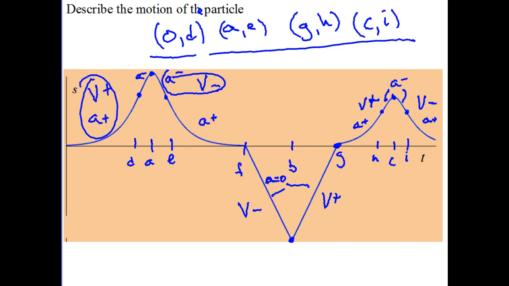Now, if this were a velocity graph, then the slope would tell us about the acceleration. The concavity would actually give us something called jerk, which we're not going to talk about in this class, and we're not going to even go down that road. But the aspect of a velocity graph that gives us position is something that we're going to have to talk about next section of this course when we get into integration.